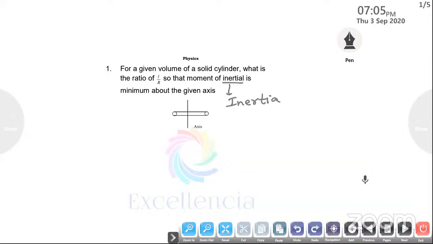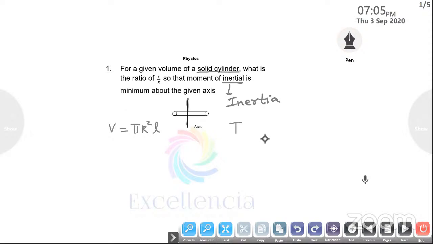The volume of the cylinder is given, so it means volume is a constant. Volume of a cylinder is pi r square L. It is a constant, so radius and length might vary. And what is the moment of inertia of a solid cylinder about the middle axis? This is exactly in the middle.